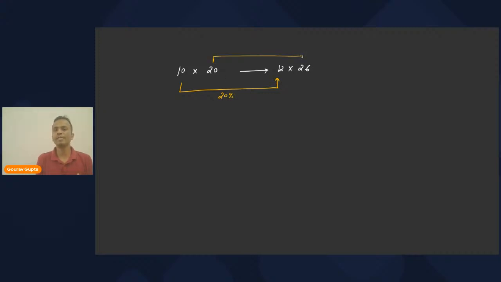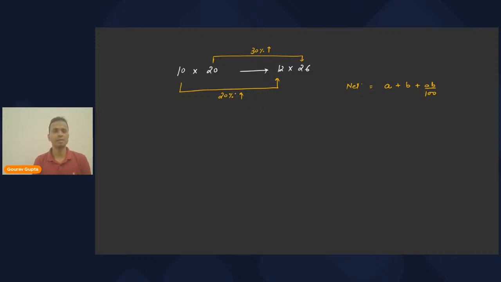Similarly, from 20 to 26, there is a percentage increase of 30%. All right. Now, the net percentage change in this calculation can be calculated by using the formula A plus B plus AB upon 100, the formula of successive percentage change.